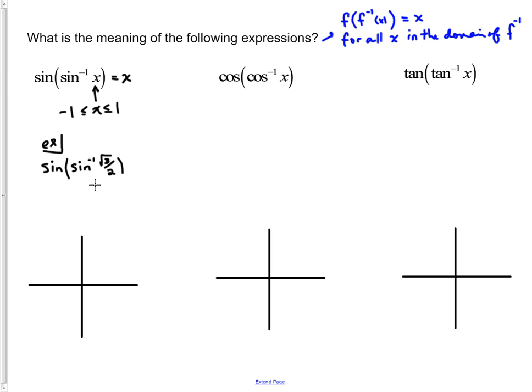We should get radical 3 over 2, but just so that we see it, when we take the inverse sine of radical 3 over 2, we were saying that this is the kind of right triangle in the plane, quadrant 1, because we're limited to angles from negative pi over 2 to positive pi over 2, that contained an angle of pi over 3 in it. So this is equivalent to taking the sine of the angle pi over 3.